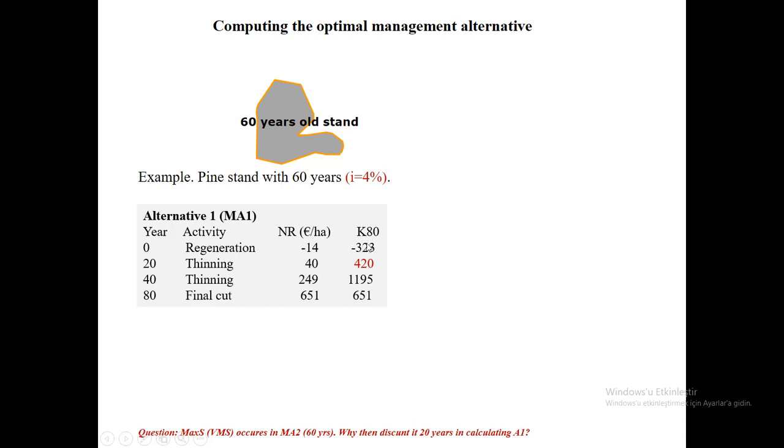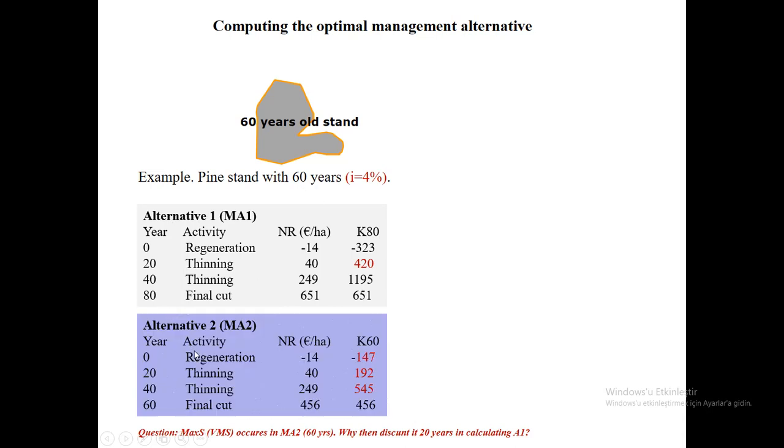The future value at the age of 80, because alternative one is designed to harvest the stand over 80 years of rotation. So we'd like to, for instance, manage the stand with 80 years of rotation, whereas the second option refers to an idea that we will manage the stand over 60 years of rotation.